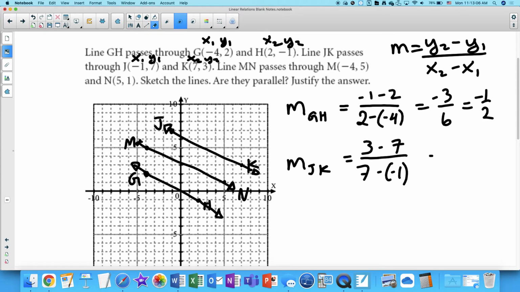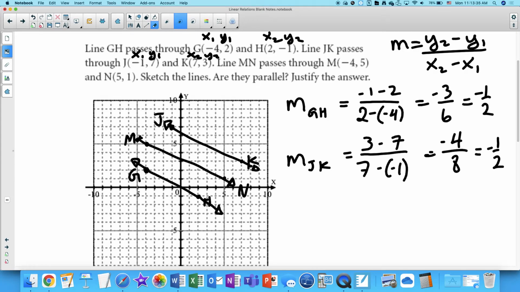And that becomes 3 minus 7 is negative 4, and 7 minus negative 1 is 8. Okay, and that also reduces to negative 1/2. So we found two lines that are parallel to one another because they have equal slopes.